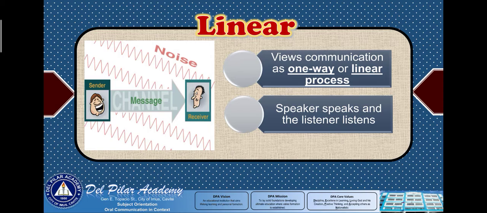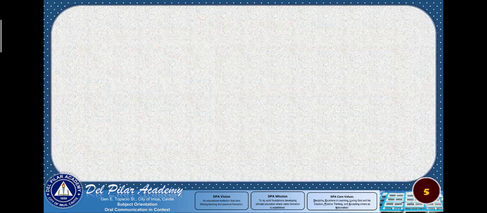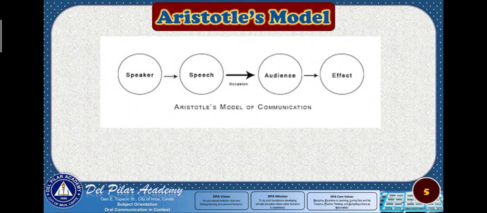Now we have different models under linear. First, we have Aristotle's model. One of the earliest recorded models is attributed to Aristotle, an ancient Greek philosopher.